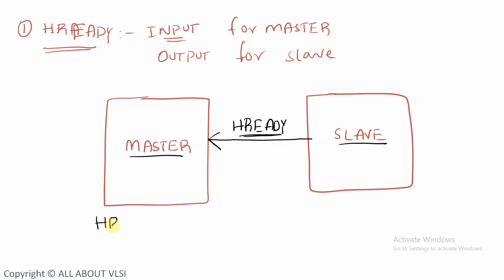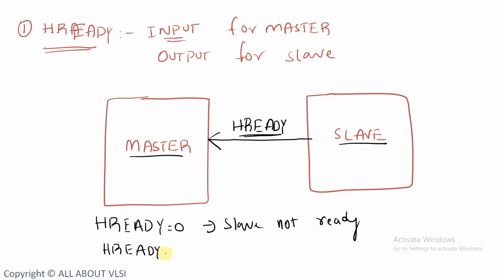Coming to HREADY, if it is equal to 0, the slave is not ready, and if HREADY is equal to 1, the slave is ready for the transaction. This is how the master decides whether the slave is ready for the transaction or not, by sampling the HREADY signal.